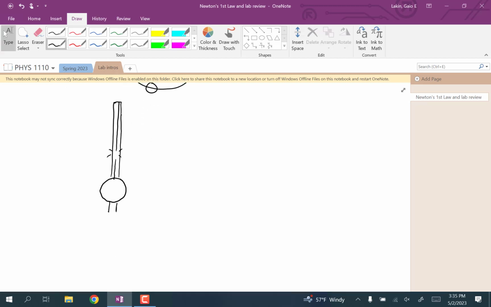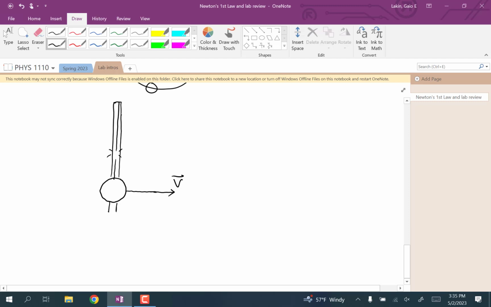At that instant, from this view, notice that the ball is moving in this direction. So its velocity is that way. But notice in this view, if you draw a free body diagram, and it does ask you to do that, draw a free body diagram of the ball at the instant that this breaks.